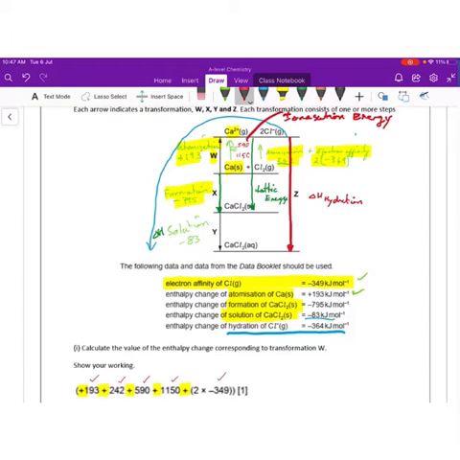So that's actually hydration. I got a part of it, my hydration of chloride, one of them, but to get the full hydration I would need to say it's 2 times the negative 364 plus the enthalpy change of hydration of calcium. That's going to give me my Z.